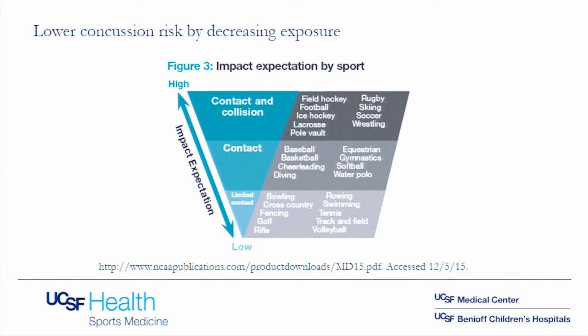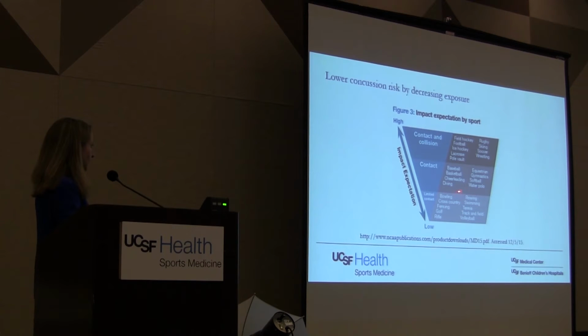Limited contact, I mean, it's sort of common sense, but like bowling, rowing, volleyball. There are some things you might not expect, which is that something like basketball is actually kind of in the middle, baseball is in the middle, softball in the middle, gymnastics even surprisingly falls in the middle, less risky than something like football.